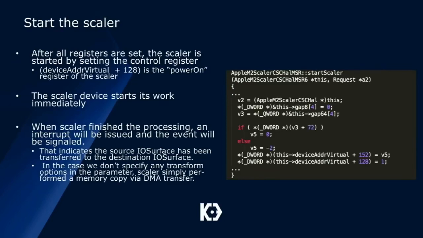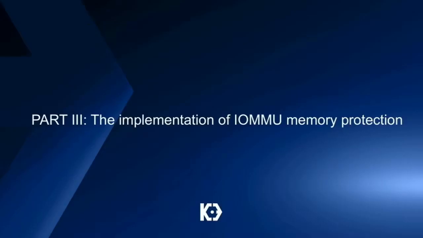The final thing is to start the scaler. This is very easy. You just need to set 1, which indicates the power-on option, at the offset 0x128. After you set that value to 1, the scaler device starts its work immediately. And finally, the kernel waits for that device to finish working and issue an interrupt event to indicate this has been done.